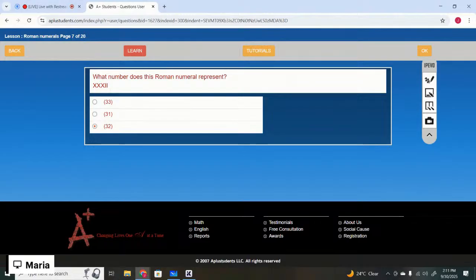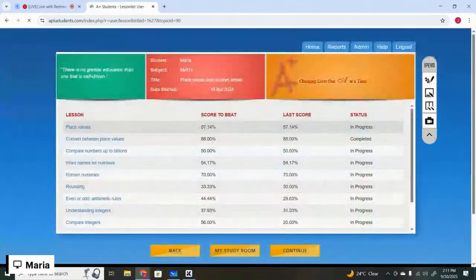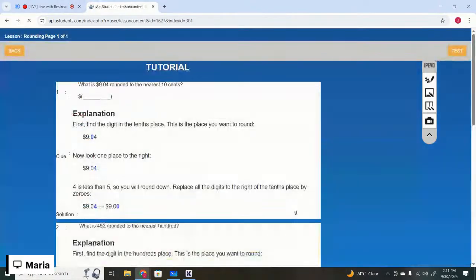Let me just move on to the next lesson. The next lesson is rounding. Let's just start with the lesson rounding.